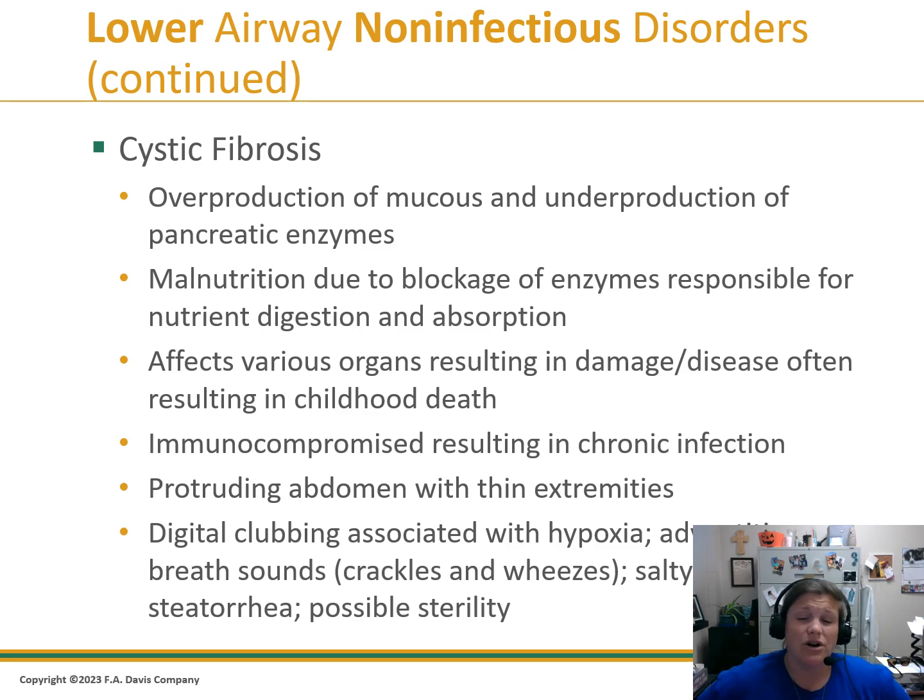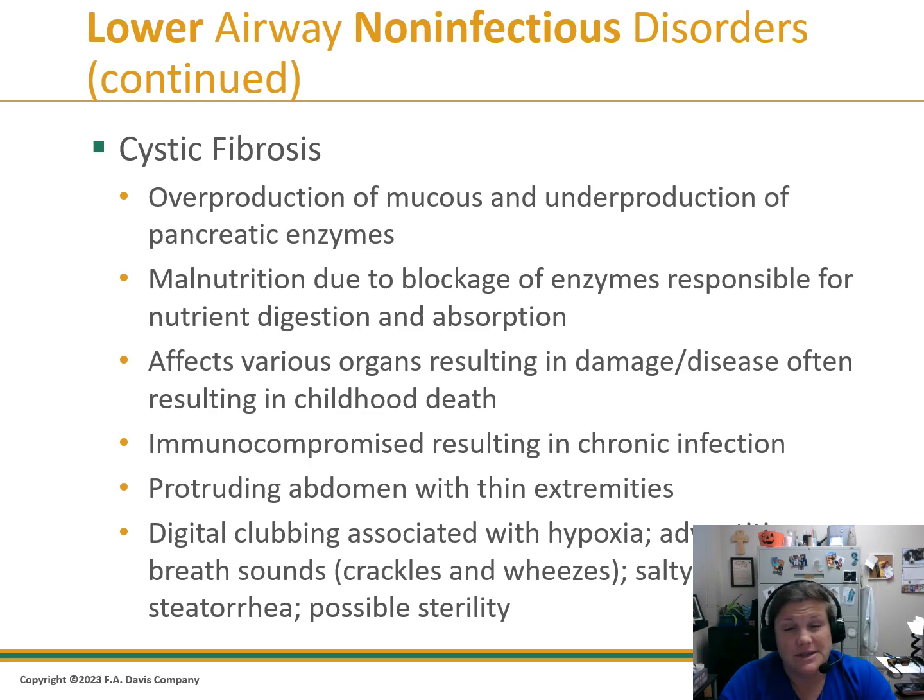These individuals are immunocompromised, which means they're going to be prone to infection. They're chronically infected. This is a chronic health condition. The patient usually appears with a protruding abdomen but very thin extremities. So they're not proportionate in their weight, but they'll tend to have that distended abdomen and be very petite elsewhere.